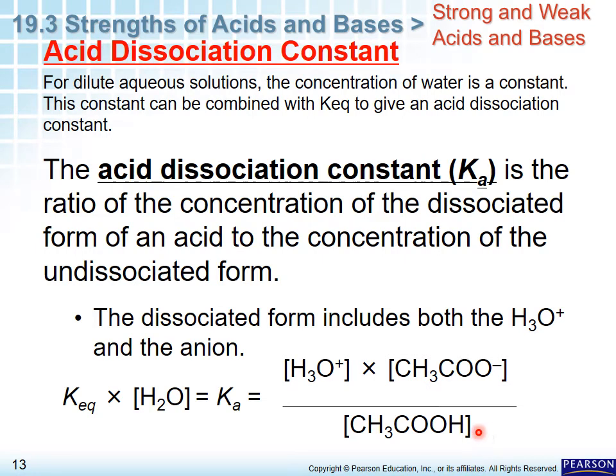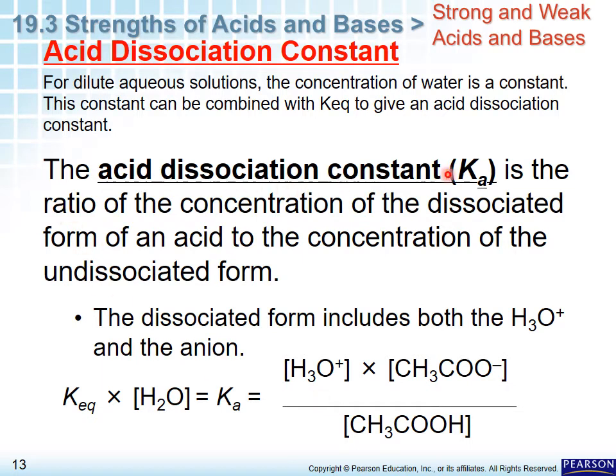In the equilibrium expression you wrote the H2O concentration, but we took it and combined it with the equilibrium constant to give the acid dissociation constant. So the combination of water in dilute aqueous solution with the equilibrium constant gives the expression Ka, which is the acid dissociation constant, and the other expression remains the same.